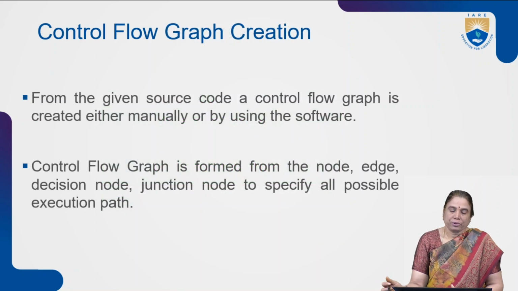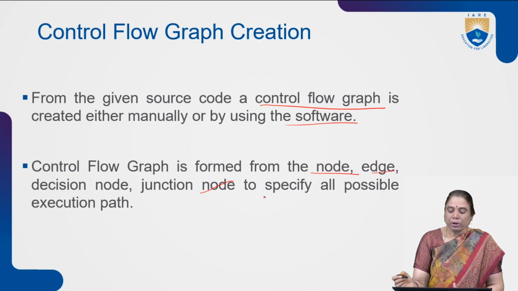Control flow graph creation. From the program, it is required to develop the control flow graph in order to identify paths in the program. From the given source code, a control flow graph is created either manually or with the help of software tools. A control flow graph is formed from nodes, edges, decision nodes, and junction nodes to specify all possible execution paths. So a control flow graph consists of nodes, and the nodes can be connected with edges.